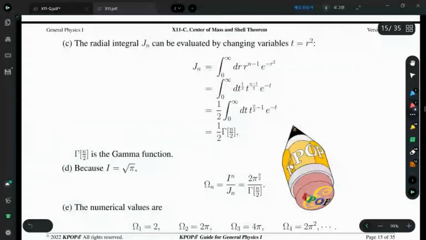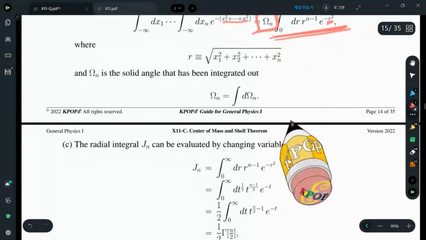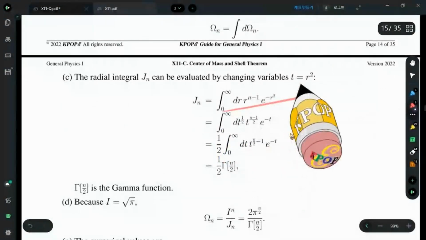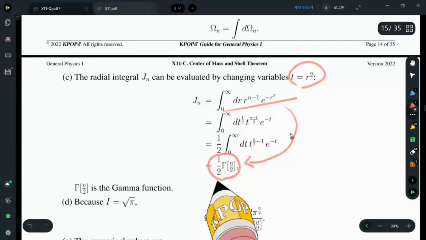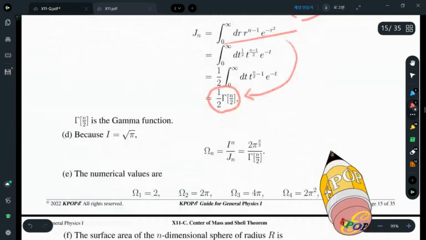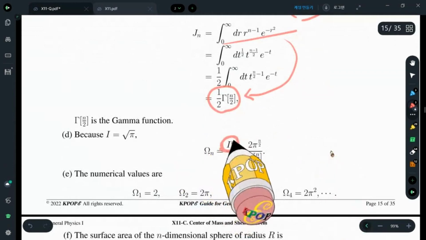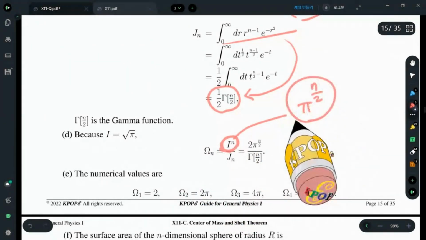Therefore, if I substitute everything all together, we have only a single integral remaining in here, and by changing variable, you will find that this ends up with the gamma function. The gamma function is closely related to the factorial function. Finally, this is the whole integral that is called the pi, this.